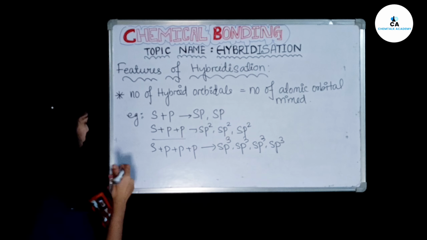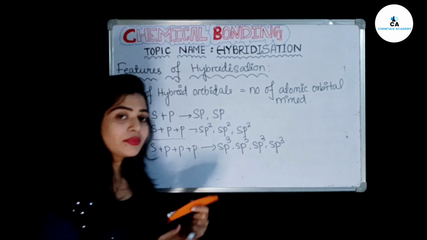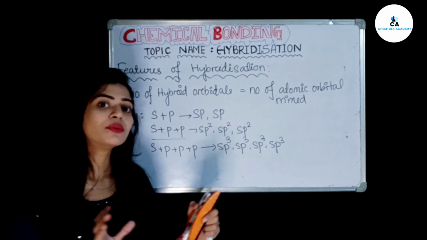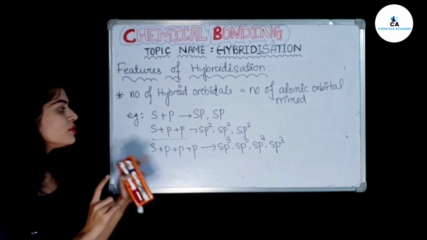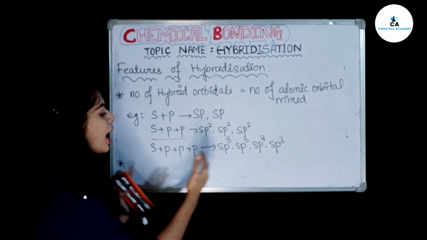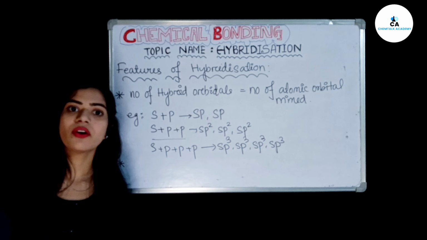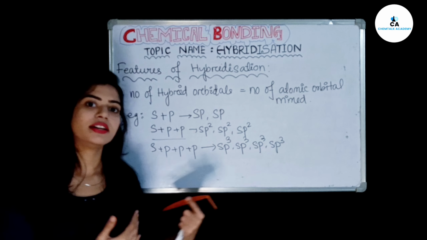Clear? Now, the second feature is that the orbitals which are intermixed must have nearly equal energy. We have read that in the conditions. So the feature will be that the hybrid orbitals which are formed have equal energy, equal shape and equal size.